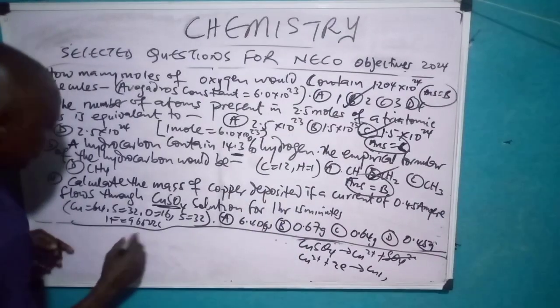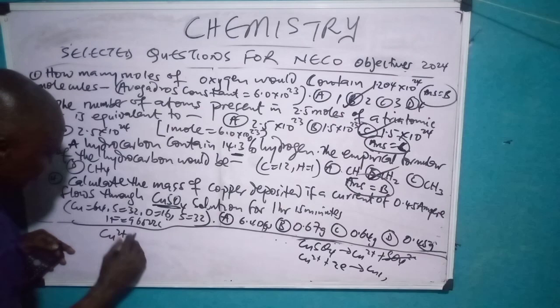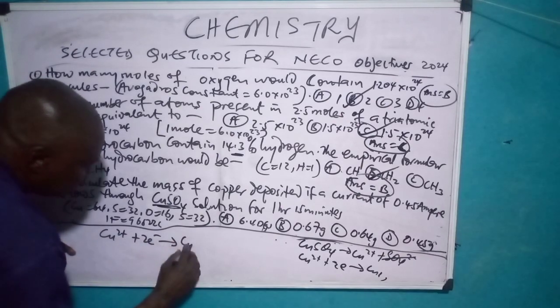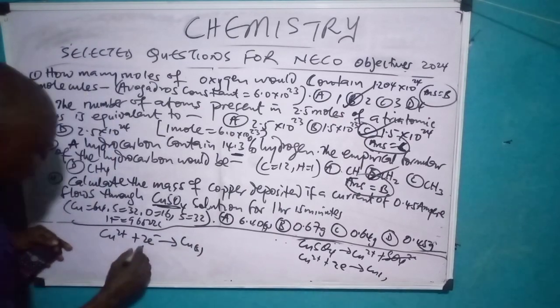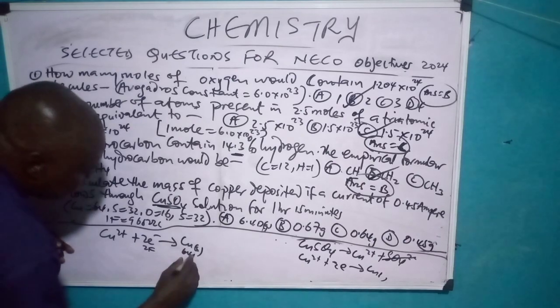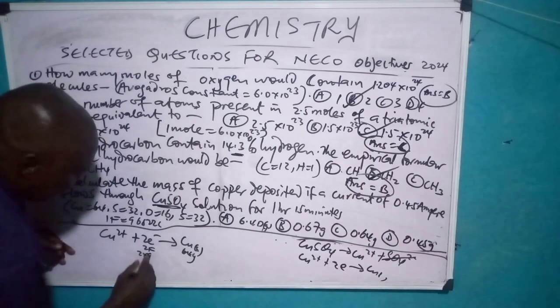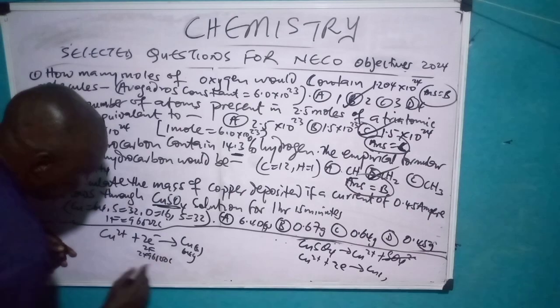Let's recopy it here. Cu2+ plus 2 electrons gives you Cu solid. So this one is 2 Faraday, 64 gram. This is 2 times 96500 coulombs.